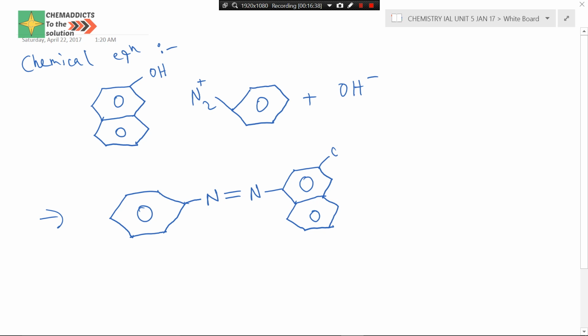That's the chemical equation for this reaction. Okay, and that was extra. You don't need to write the chemical equation for this reaction since it is not required in the question, but I have just provided it for future reference if you need it in the future. So this is the chemical equation for the reaction.